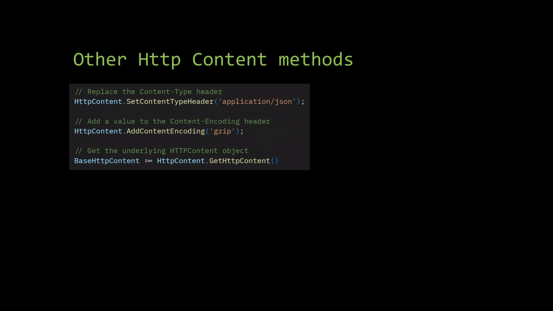Sometimes it's, for example, deflate/gzip. Well, that is possible, but set content type header is going to replace the current content type header to the specified value. If you want to get the real underlying HTTP content object, you can grab it from the codeunit, and there you are in the AL HTTP content type object.